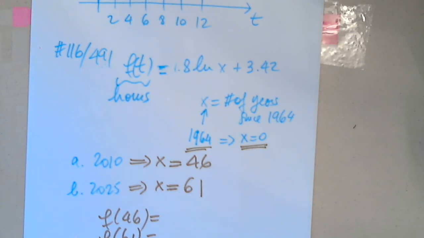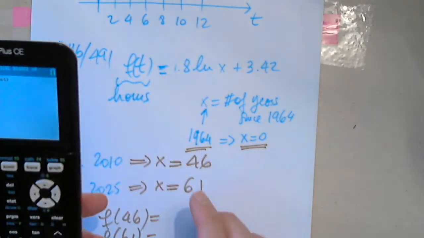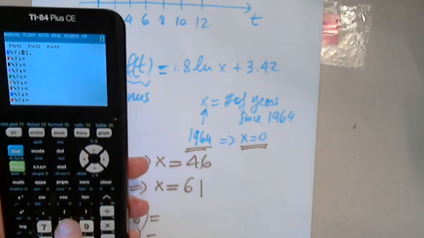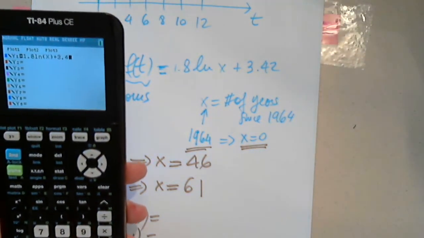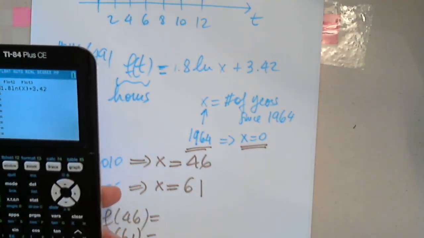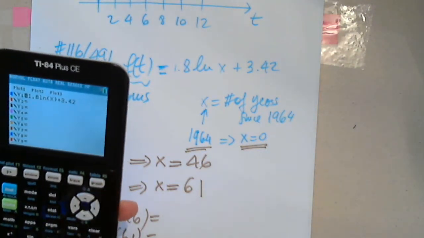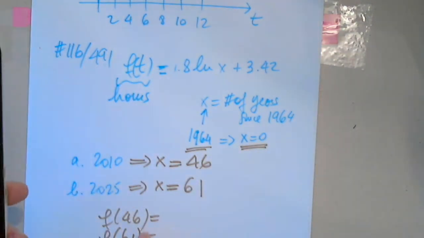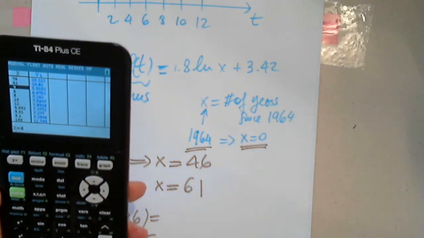Of course, I'm not going to do this twice, because it's easier if I just put the function in, 1.8 natural log x, close the parenthesis, plus 3.42. After I enter the function, then second and table, and all I need is 46, enter, and 61, enter.